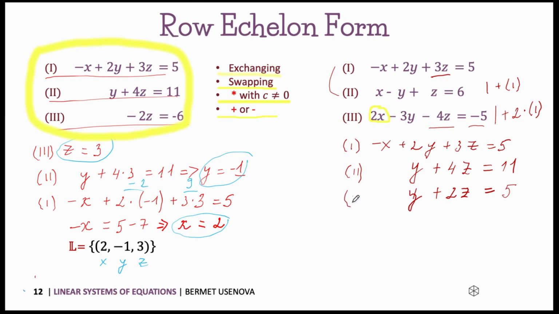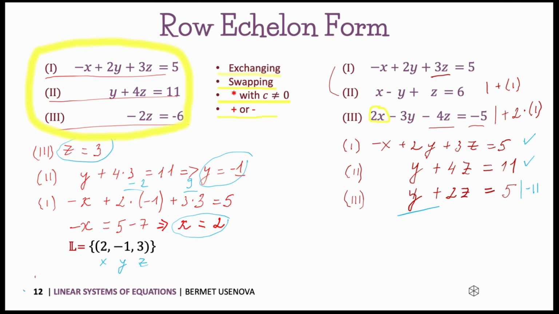All right, so let's have a look one more time. The first one and the second one are already in row echelon form. And we need to do some manipulation on the third so that we get rid of this variable y. What we can do is subtract the second equation from this equation. And this way we will get rid of y.